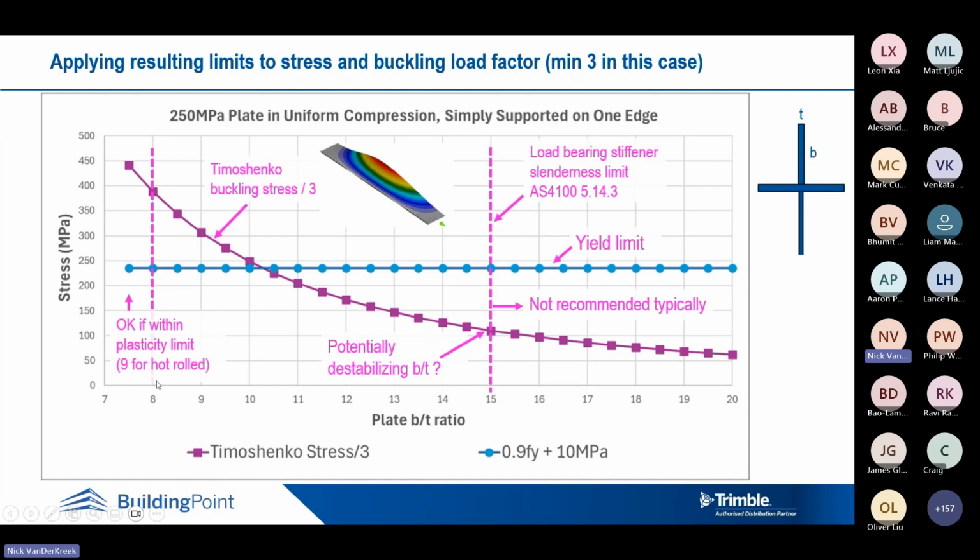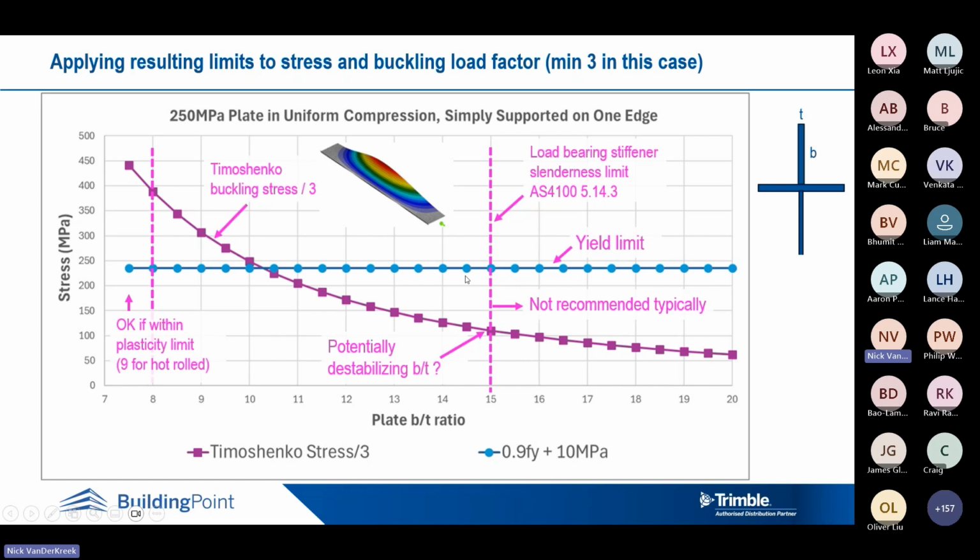And if we look at beams in bending, and if they're compact, we can have a B on T ratio of 8, or if it's hot rolled, 9. So anything less than the compact limit, buckling should not be of any concern, and we shouldn't be to the right of the vertical pink dotted line here. And so we're going to be in this zone typically here.